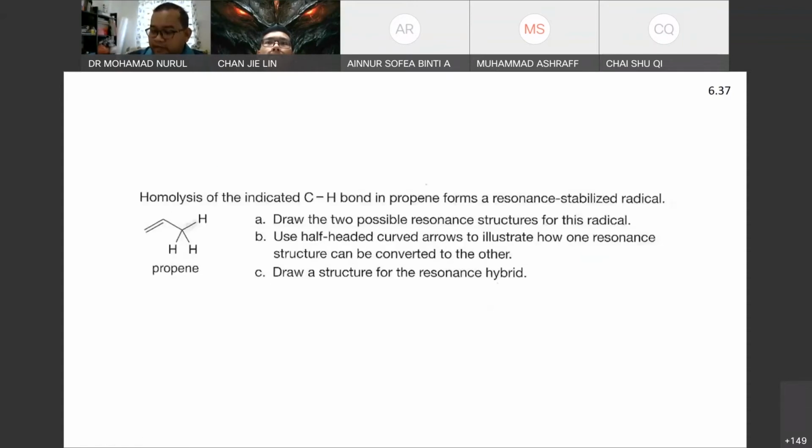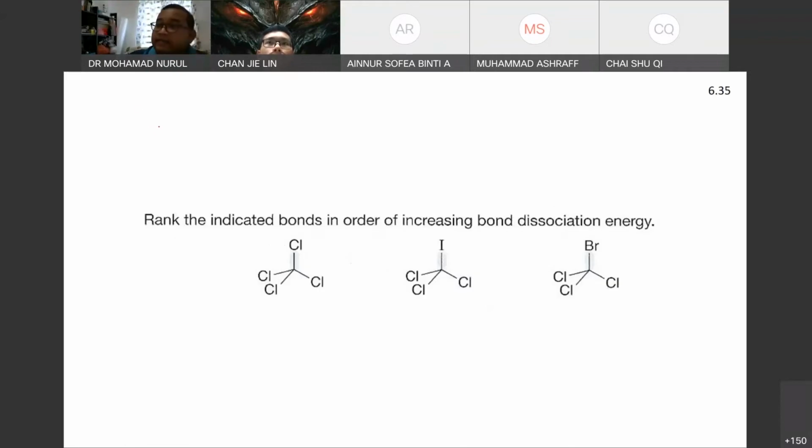So increasing number of electrons between atoms is equal to increasing bond strength, which is equal to increasing bond dissociation energy.